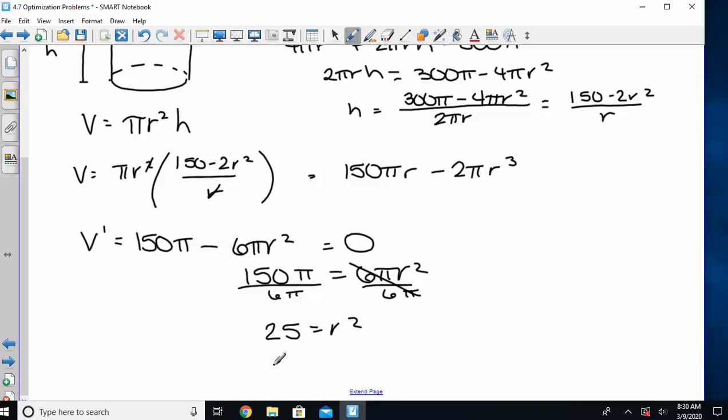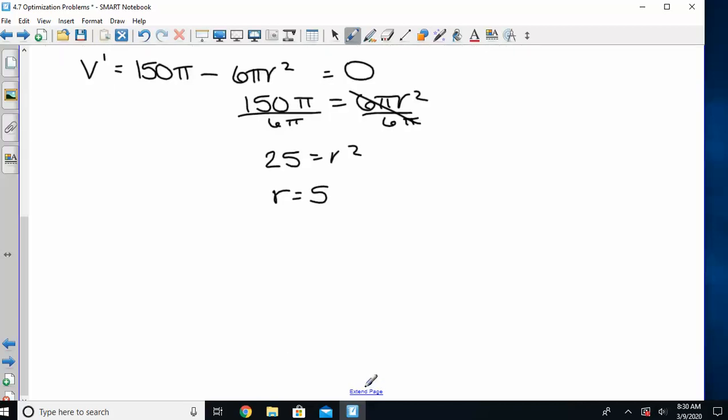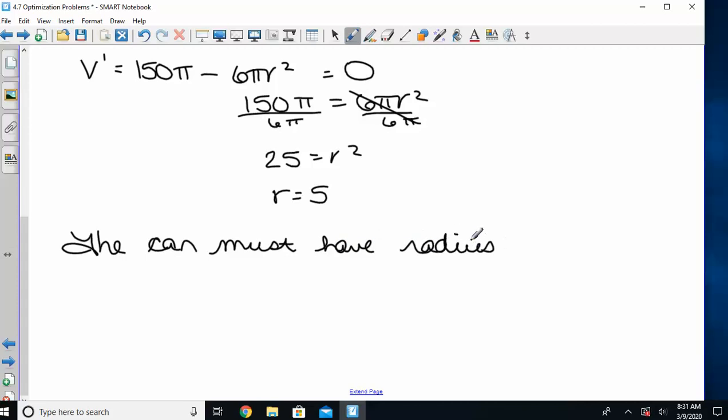Square root would normally mean plus and minus, but could you have a negative radius? No, so our radius is just 5. So the question was to find the dimensions. So the can must have radius 5, we were in inches, and height.